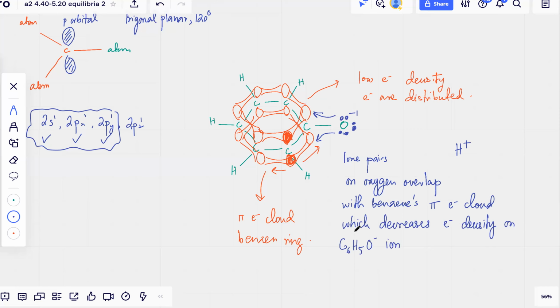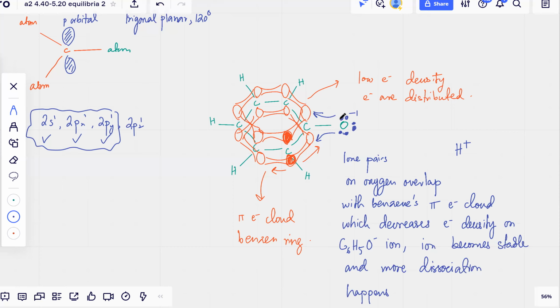So that electron density is decreased, and the ion becomes stable. And more dissociation happens.